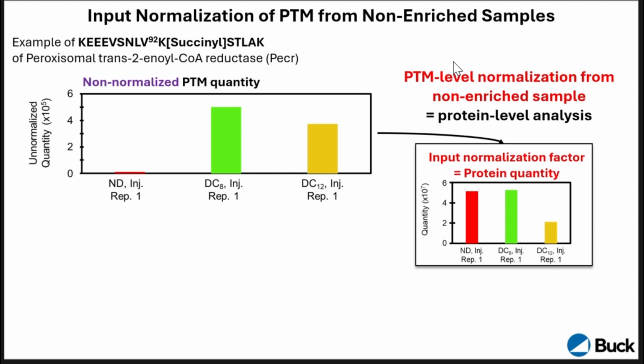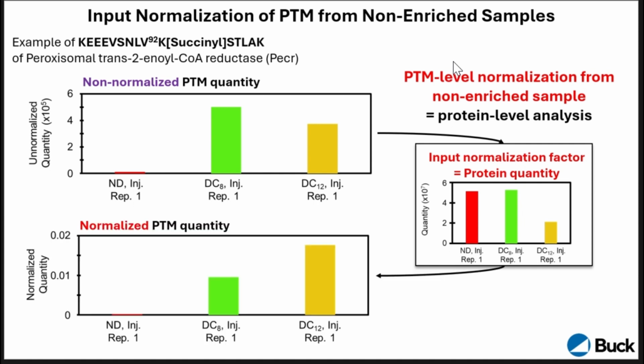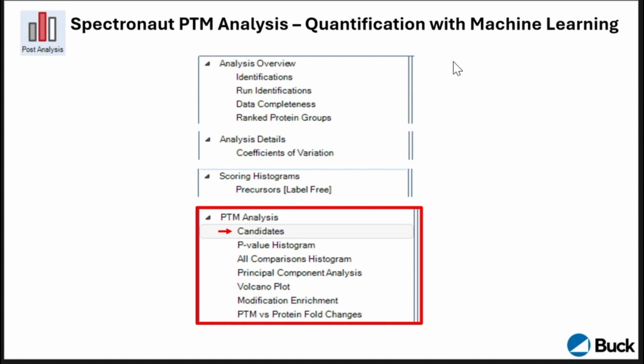So this is PTM, this is protein level. So you can choose to normalize for that. And in that case, you would boost up the DC12 a little bit on the PTM level. But again, those are choices, but this can help you normalize for protein level regulation, and it can influence your differential analysis.